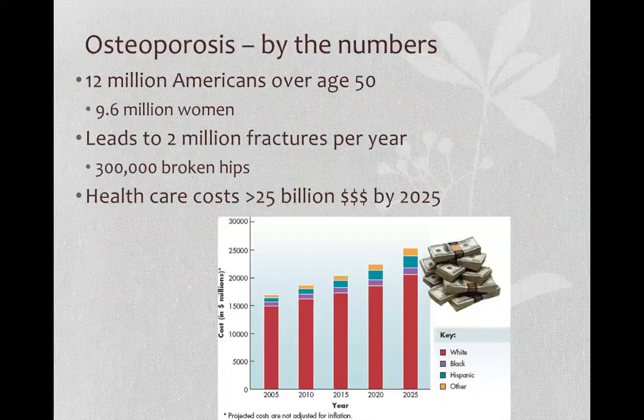Osteoporosis. Osteoporosis is a type of bone disease, and there are different classifications of it, but osteoporosis is weakening and hollowing of the bone, meaning there's less mineral content, more air, and bigger spaces between the bone minerals.